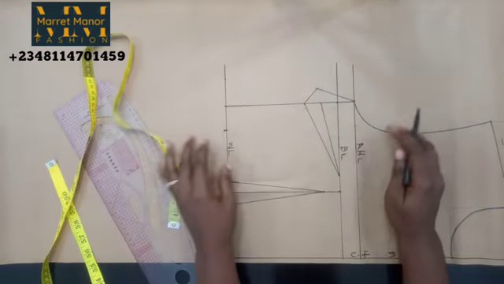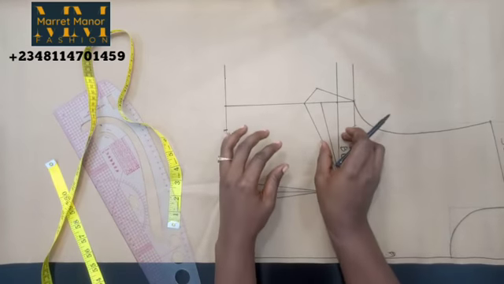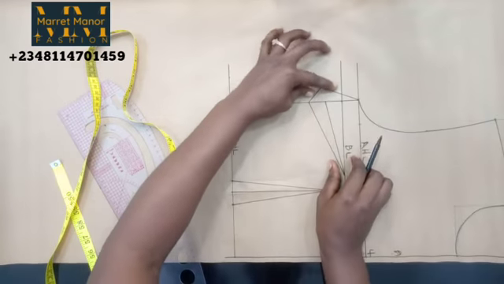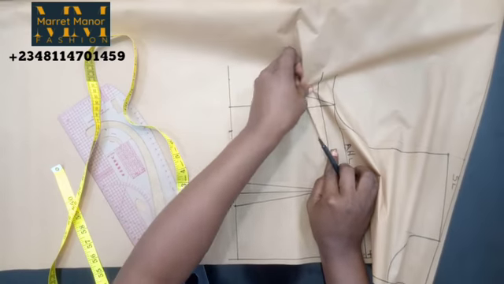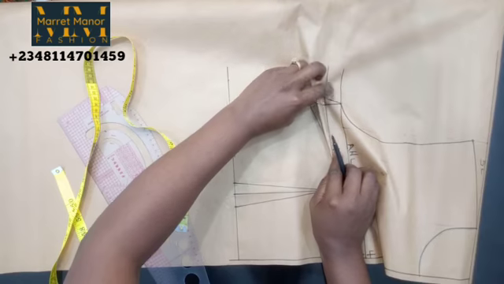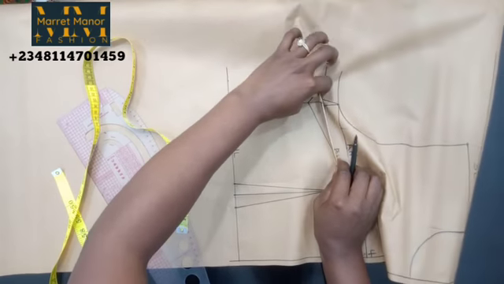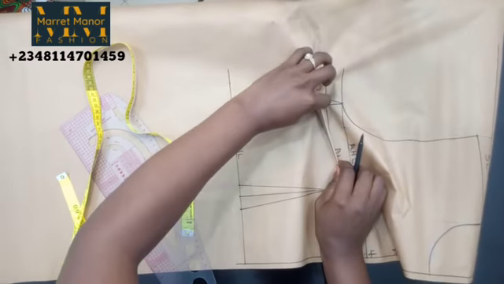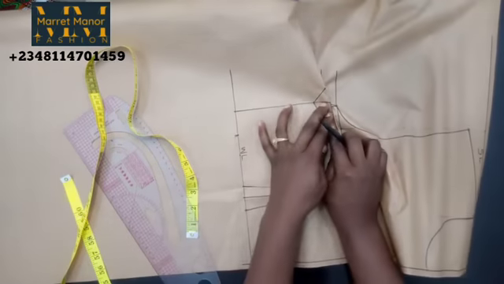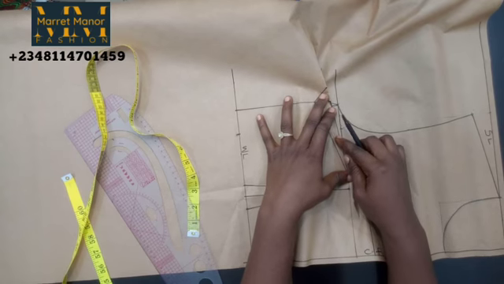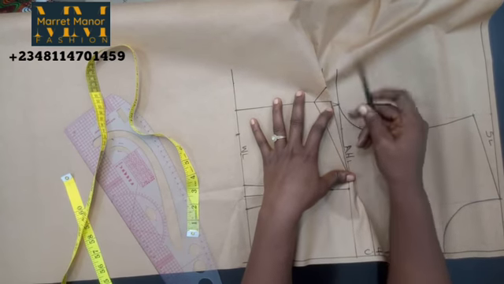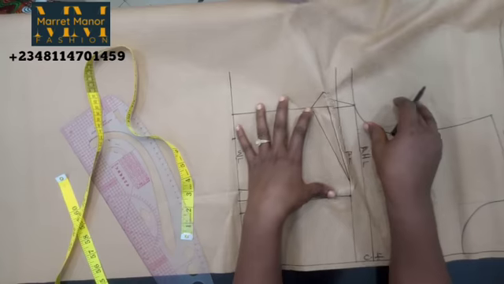While we're doing this, it's called truing of your pattern. By the time you take in your dart, you won't get short of fabric at all. Everything will match up nicely.